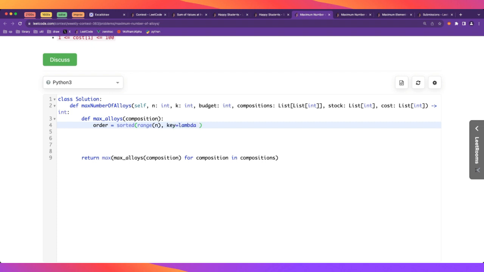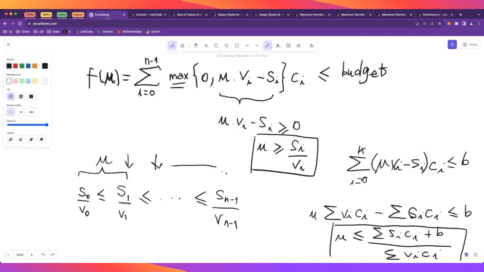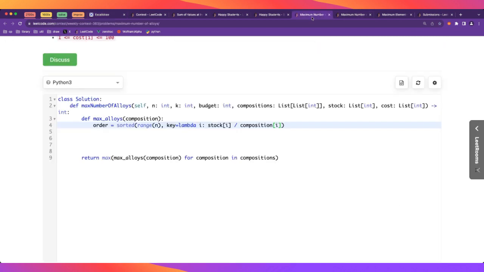So this is how we do this. We want this to depend on the stock of I divided by the composition of I, because this is what we wrote here. The stock of I, and B we call the composition of I. And we want them from larger to smallest.